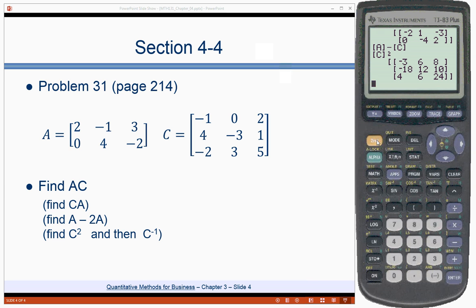You can even do an inverse. You could take C to the minus 1, second matrix, go down to C, and do minus 1 on it. And it gives us a bunch of fractions that you've got to scroll over to see.